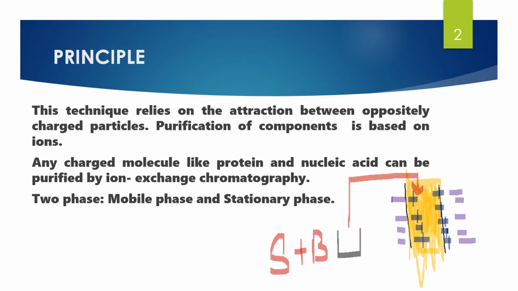So when we pour the sample mixed with buffer in this column, if this is a cation exchanger or cation exchange chromatography, these positively charged functional groups will be replaced by the new or powerful, strong positive charge of the sample, and these functional groups will be eluted out.